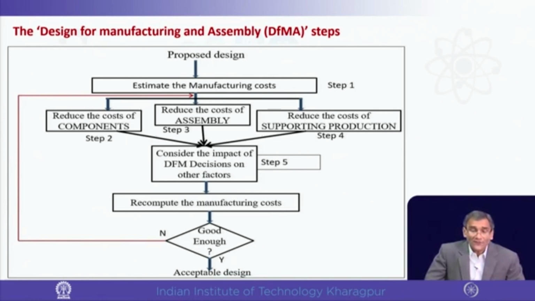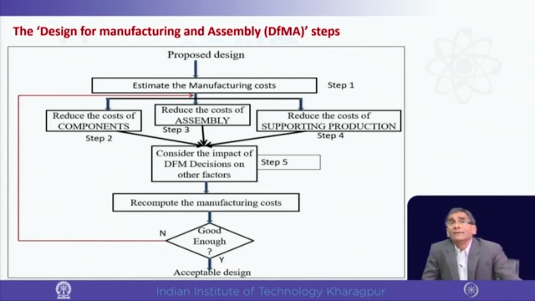If that happens, then it cannot be done; otherwise recompute the manufacturing cost. Then if it is meeting the target cost, accept it; otherwise repeat the process once again.